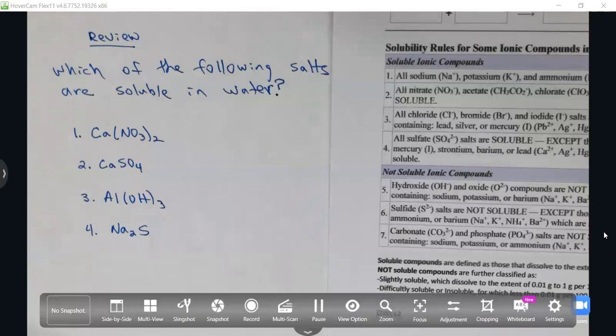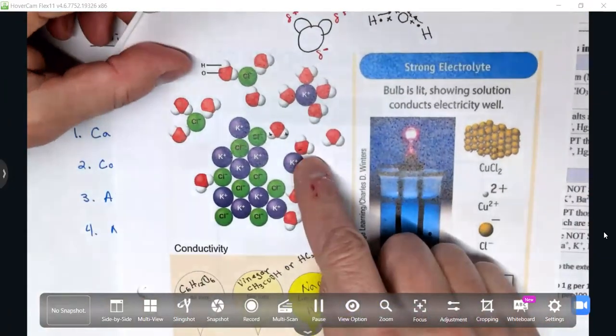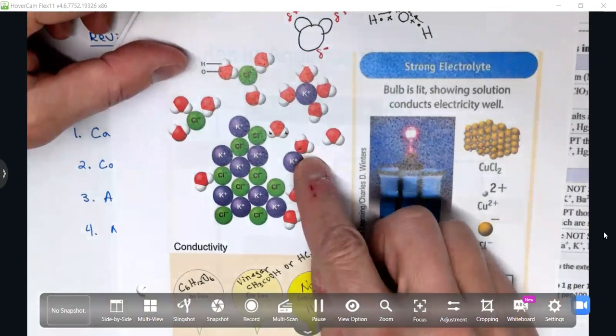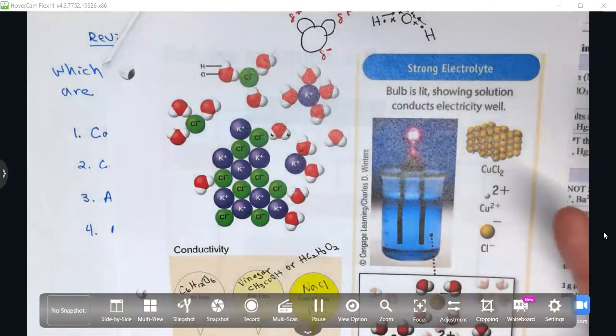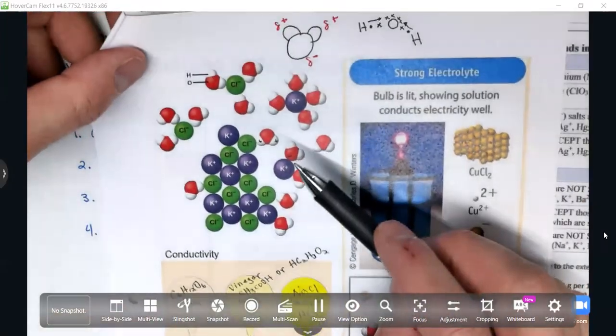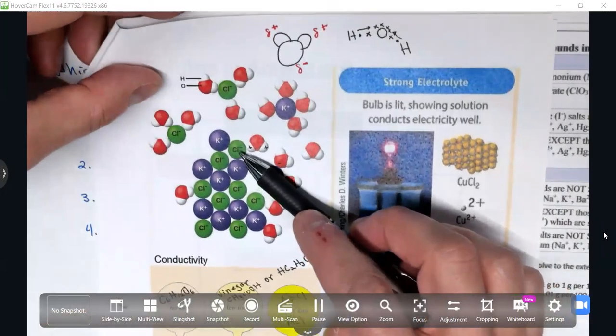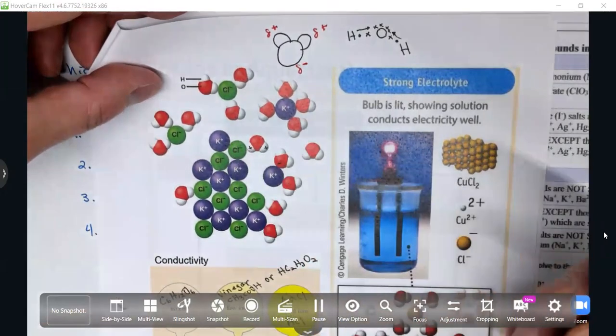Okay, we'll get started here. Let's review a little bit where we left off. We talked about whether or not something is soluble. It dissolves in water. For that to take place, water is going to come in and surround the crystal ion structure.